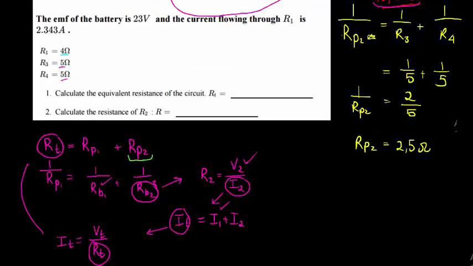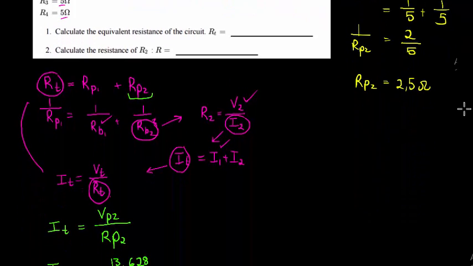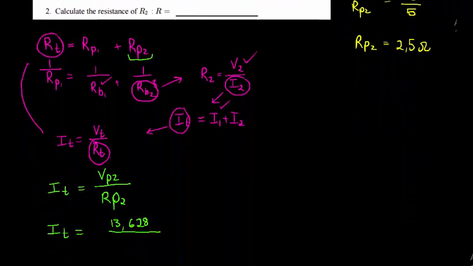So the individual resistors have a resistance of 5 ohm. The equivalent resistance, in other words, if I were to imagine this whole grouping as one resistor, that resistor would represent a 2.5 ohm resistance.